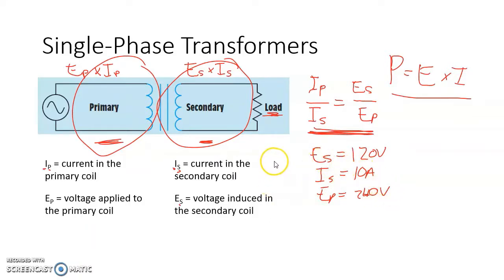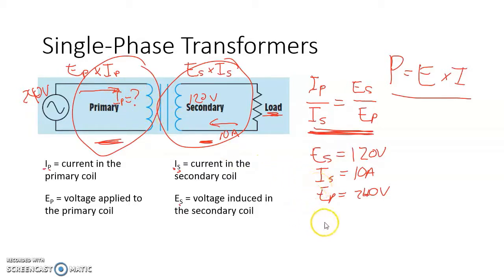So we want to know what is the current flowing through the primary. We know the voltage at the primary is 240 volts. We know the voltage at the secondary is 120 volts. We know the current flowing through the secondary is 10 amps. So what is the primary current?